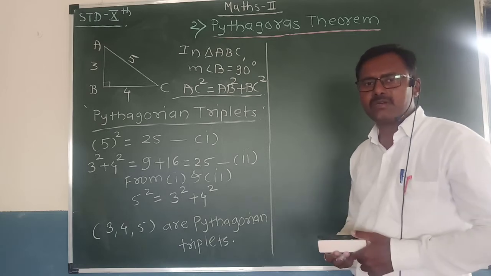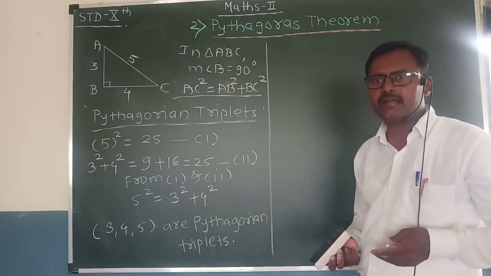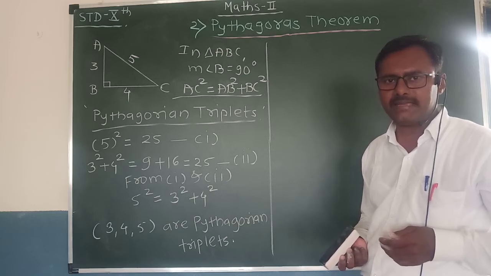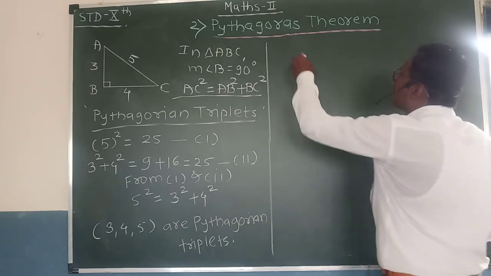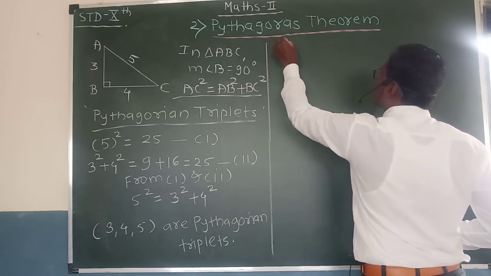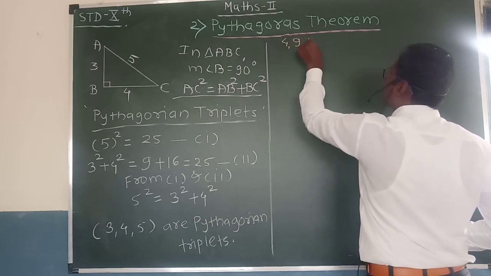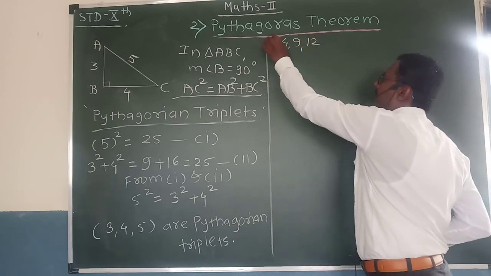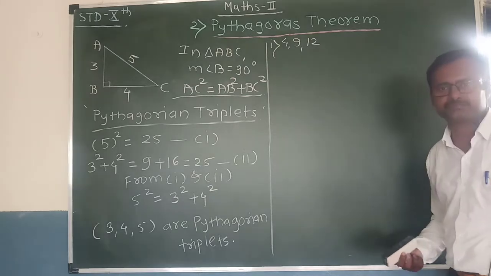Suppose we are considering different integers: 4, 9, 12. We are going to check whether these numbers are Pythagorean triplets or not.